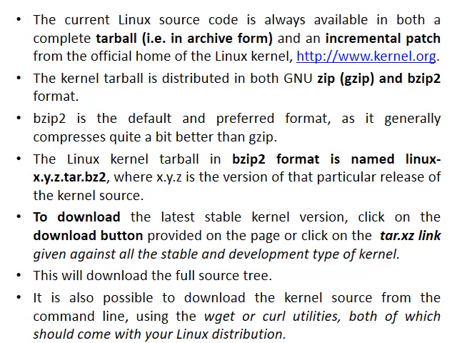The Linux tarball bzip2 format is named linux-x.y.z.tar.bz2. This is a file in the form of a tarball which we have to download from the specific link or site. To download, you can click the download button, and you can get the downloading of the kernel.